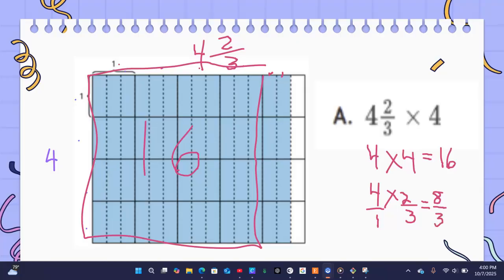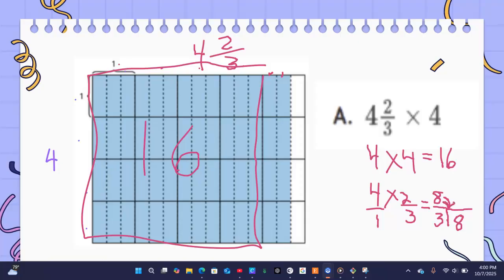Now, the next step is making sure that you change that improper fraction into a mixed number. So what I taught the kids to do is make a house for 8, and move 8 into the house, also known as our division house.